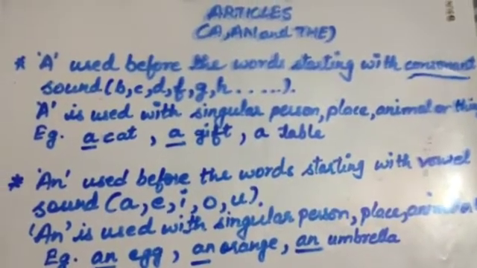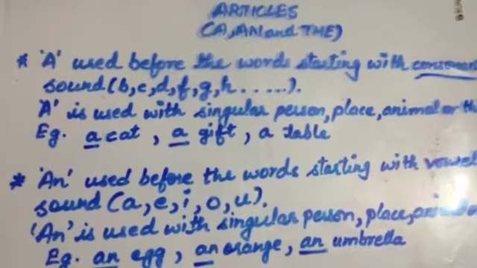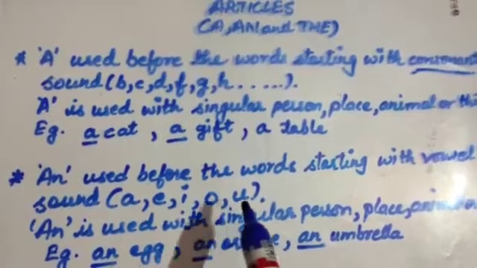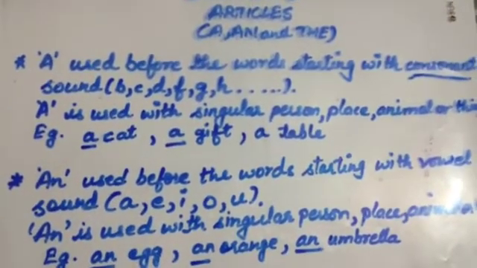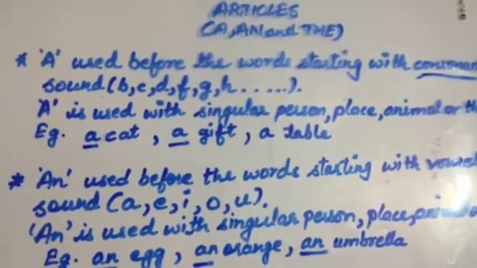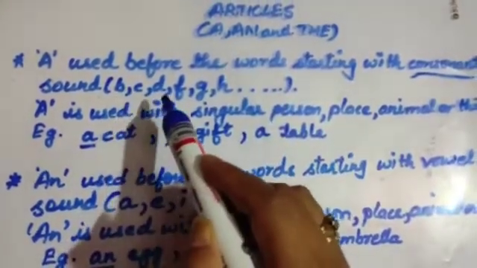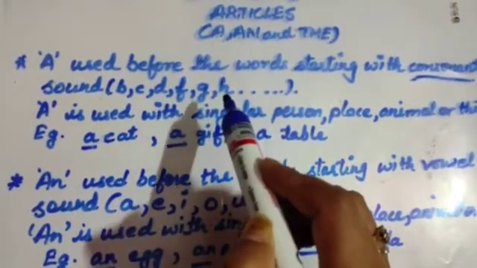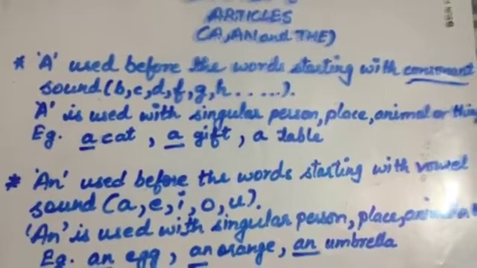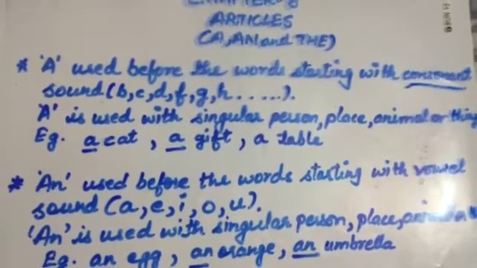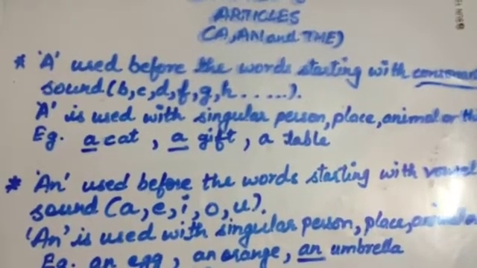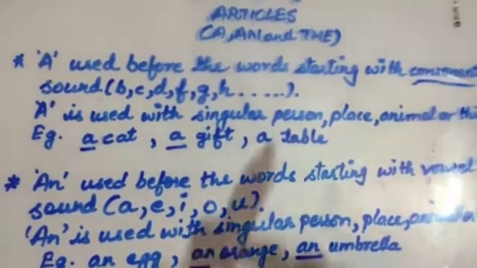Vowels are 5 letters: A, E, I, O, U. Consonants are all the letters except A, E, I, O, U. For example, B, C, D, F, G, H. So these are our consonant letters. We will use a before a word starting with a consonant letter or consonant sound.